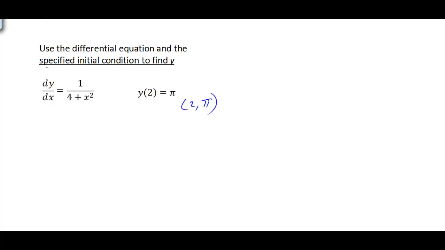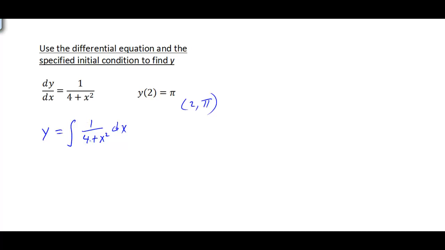So if we know that we're going to solve this, then dy/dx we're going to integrate, and the integral here of dy would simply be y. So that means we need to then integrate 1 over 4 plus x squared. Now hopefully this looks a little familiar to you.